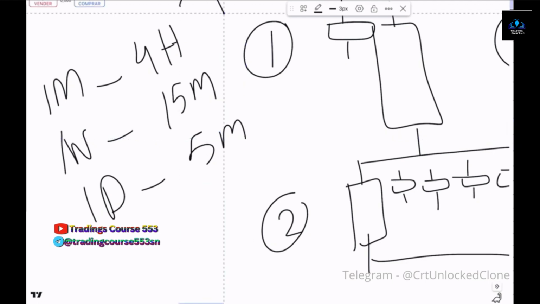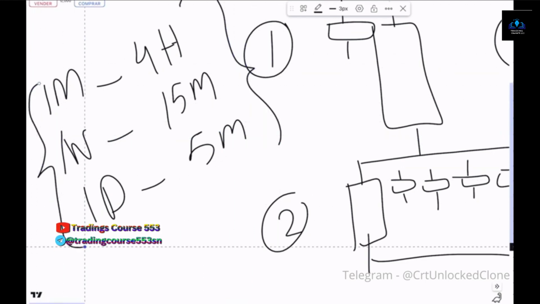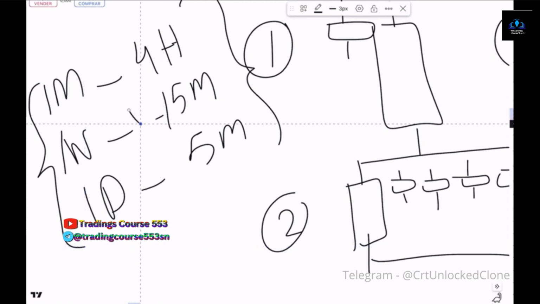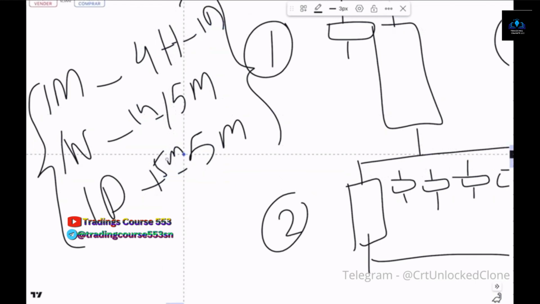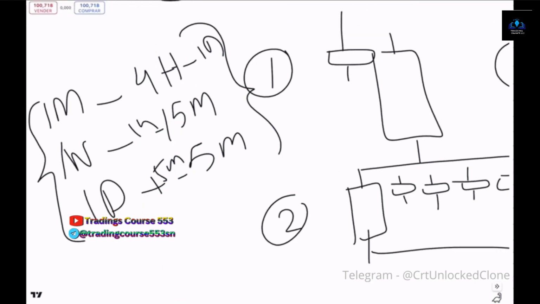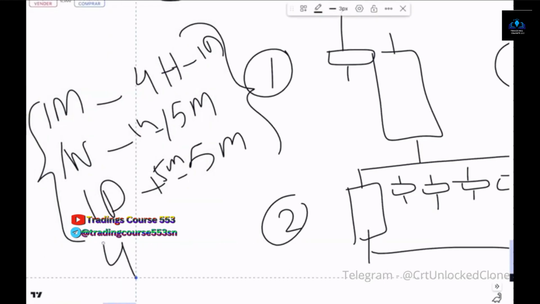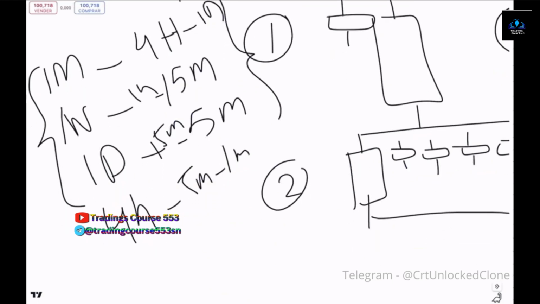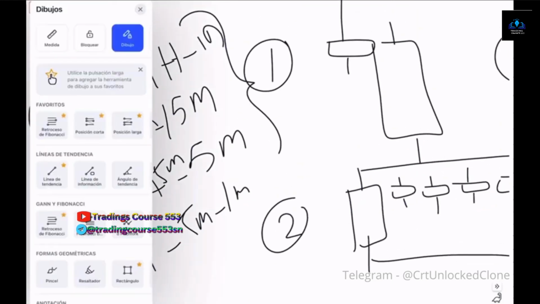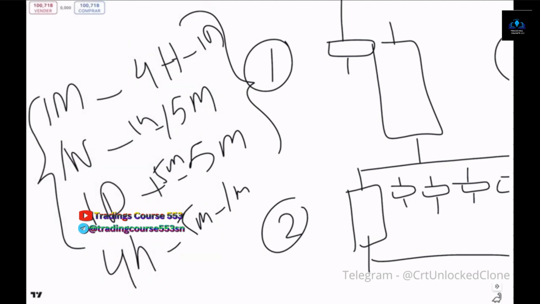Now, time frame alignment, as I've said before, is not a fixed concept because every time frame is printing at its own pace. So there is no fixed time frame alignment. These are rough estimations. You can also have this as the 1 hour, for example. This is the daily. This has the 15-minute, right? It's up to you. But this is the closest approximation of what it's like. 4 hour, 5-minute, 12-minute. So if you're trying to trade the range of this candle, trading the monthly candle range, then pay attention to the 4 hour time frame.